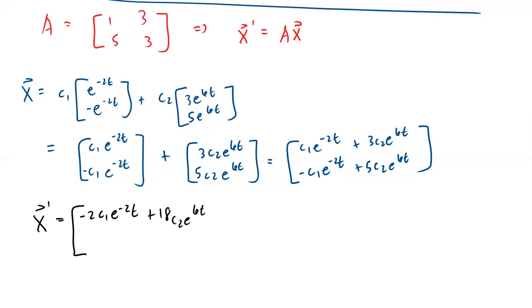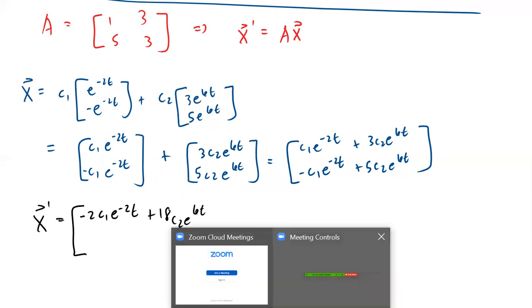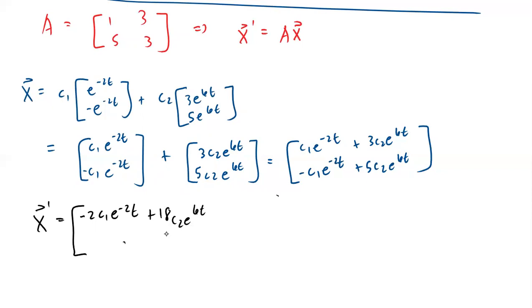Derivative of the second entry: bring the negative 2 down by the chain rule. Oops, sorry. So we get negative 2 times negative C1, so negatives cancel. I get 2C1 e^(-2t) plus 30, right? 6 times 5 is 30, C2 e^(6t).